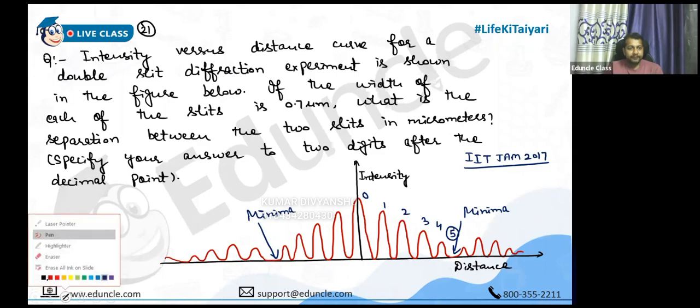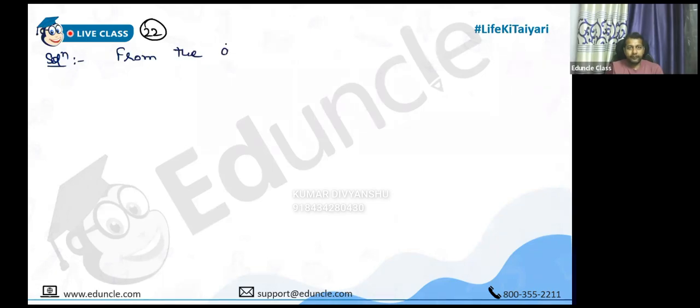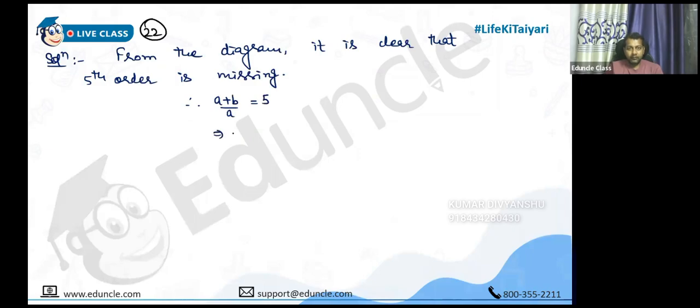Okay. From the diagram, it is clear that fifth order is missing. So b is equal to 4a.